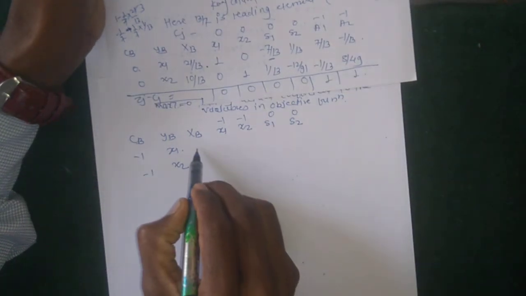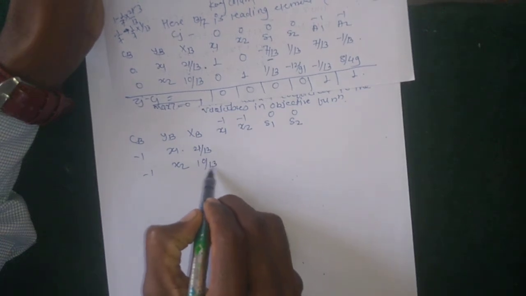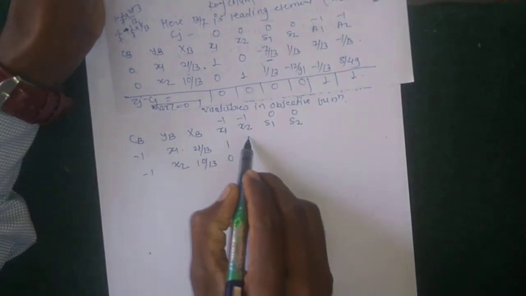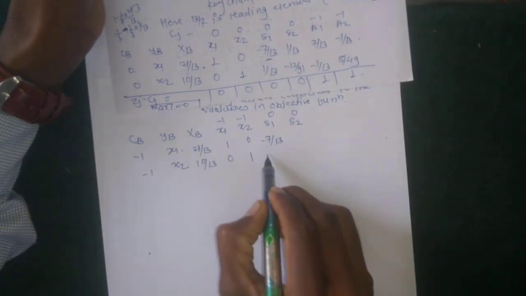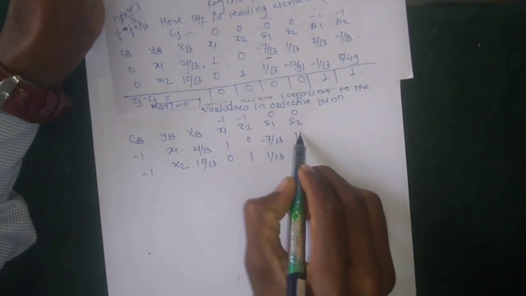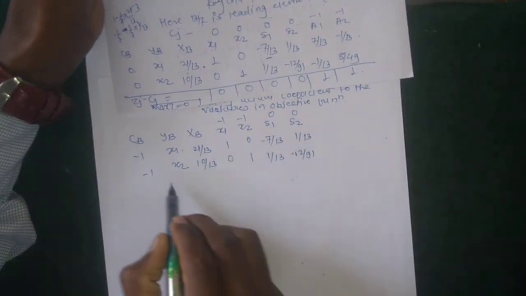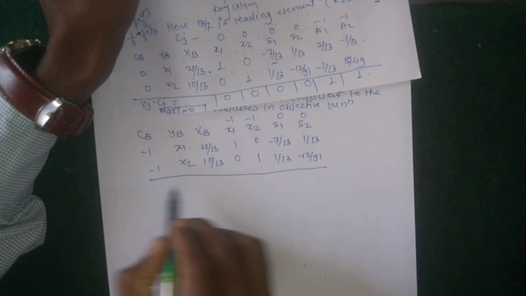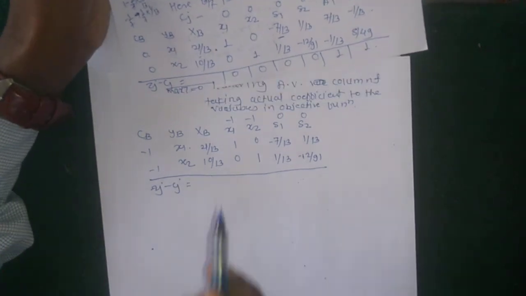Okay, so HB is 21 divided by 13, here 10 upon 13, 1 0 0 1. Then minus 7 upon 13. Here 1 upon 13, here 1 upon 13. Here minus 12 upon 91. So we have to find the Zj minus Cj. Okay, Zj minus Cj, how to find?